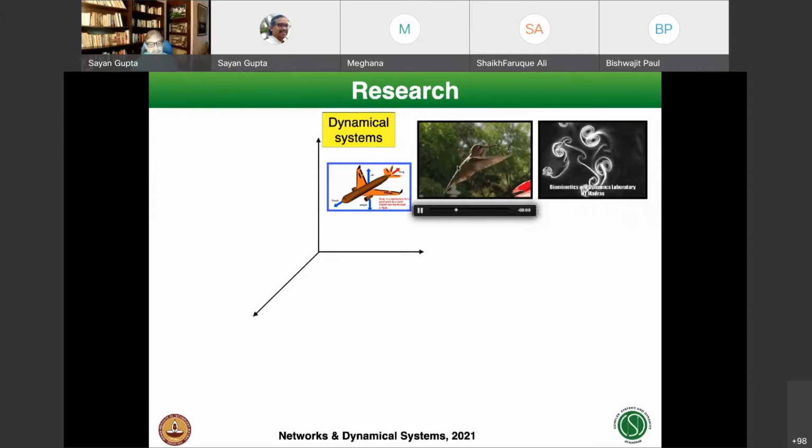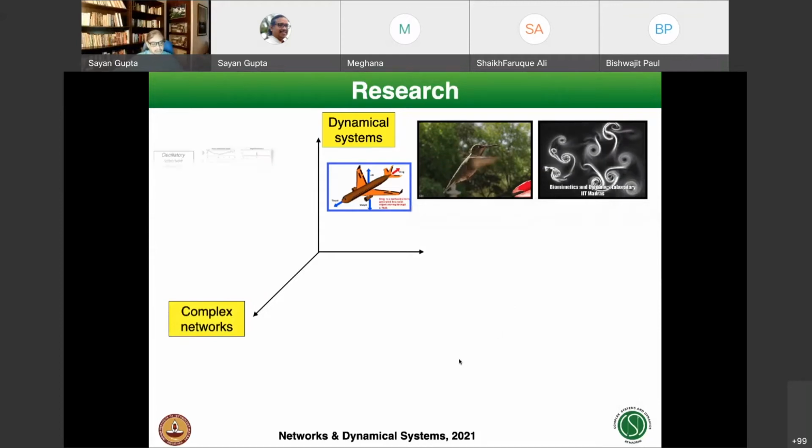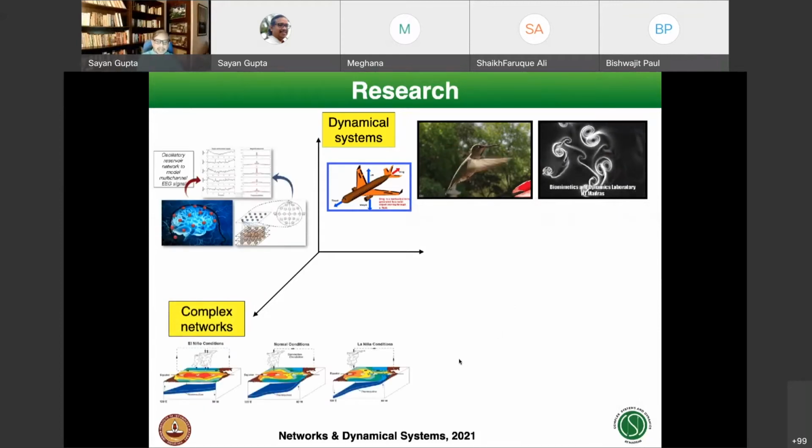That's one aspect. We also have other forms of dynamical systems like complex networks. That's the other axis. Here we are talking about, for example, very complicated systems like the human brain, which is made up of billions of neurons, with each neuron behaving like a single dynamical system, and they're all coupled together through this network structure.